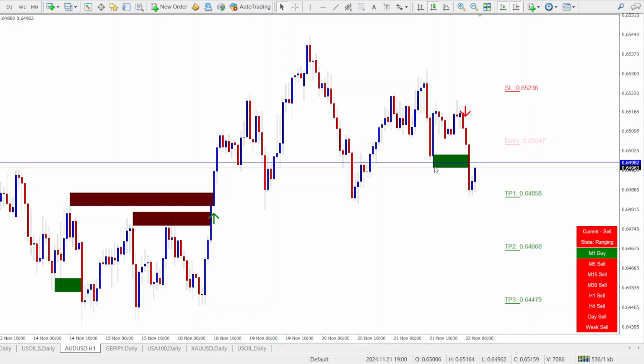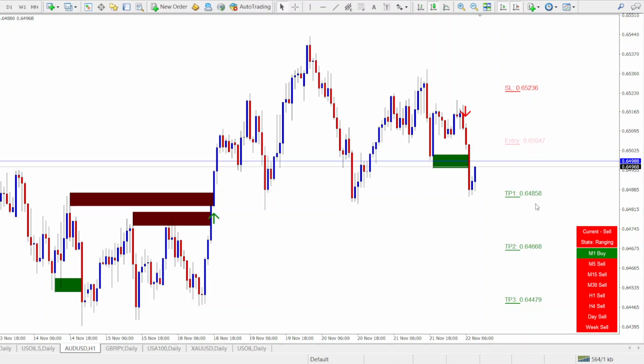As you can see on the chart, the indicator gives precise entry and exit signals. The indicator gives you an entry signal, a stop loss level, and multiple take profit levels. At the same time, the indicator gives you signals for different time frames.